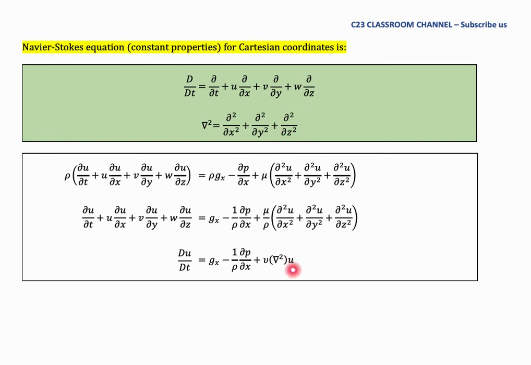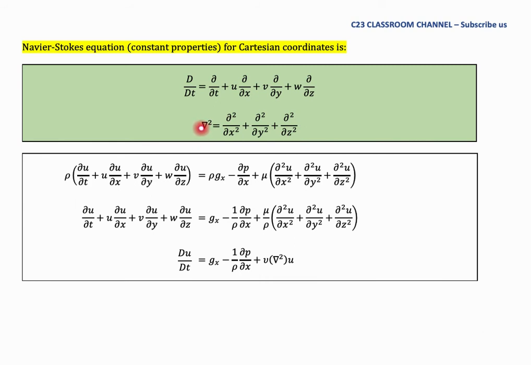So if we have nabla square u, it means del square u over del x square plus del square u over del y square plus del square u over del z square. This is the simplification of this term, and we simplified it into the symbol of nabla. In some textbooks, they will use nabla without the power of 2. The meaning is still the same.